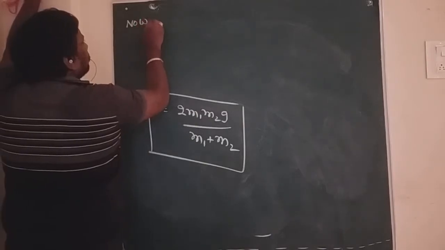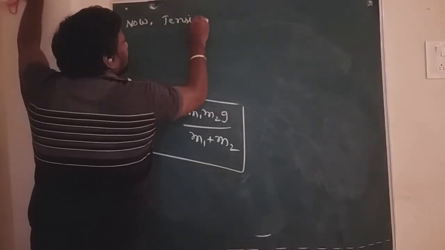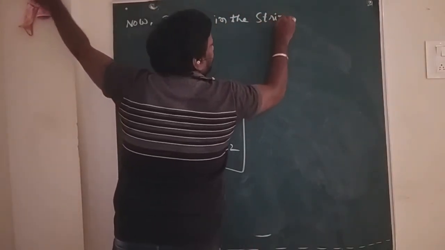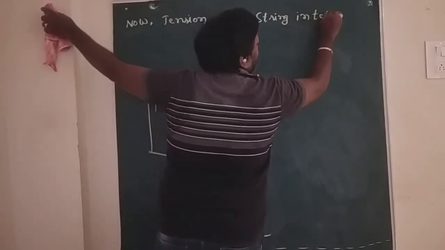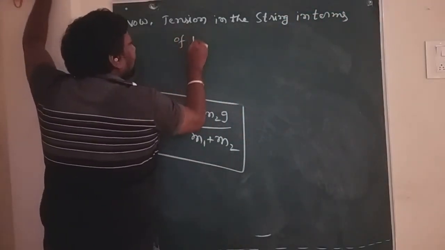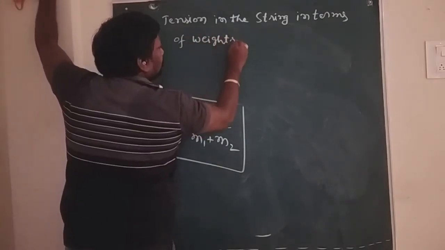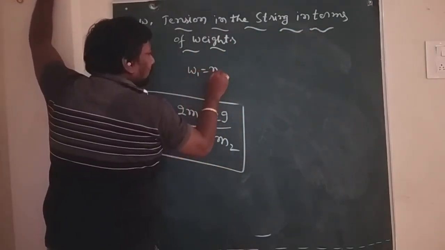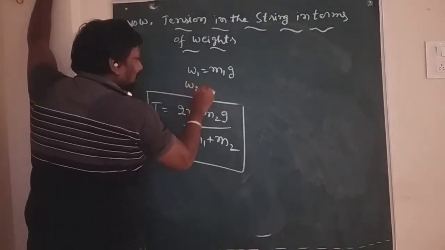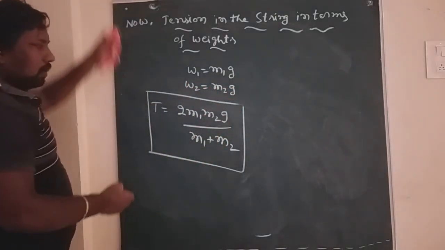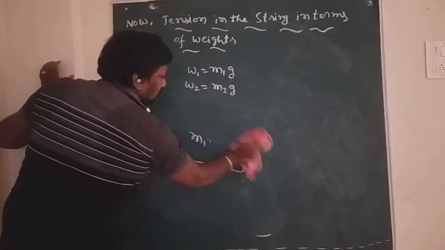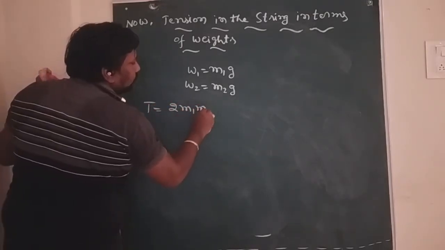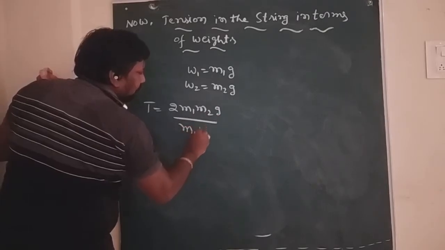Now, tension in the string in terms of weights. So here W1 means weight of the M1 block, W2 is weight of the M2 block. From the tensional force, here T equal to 2M1M2G by M1 plus M2.